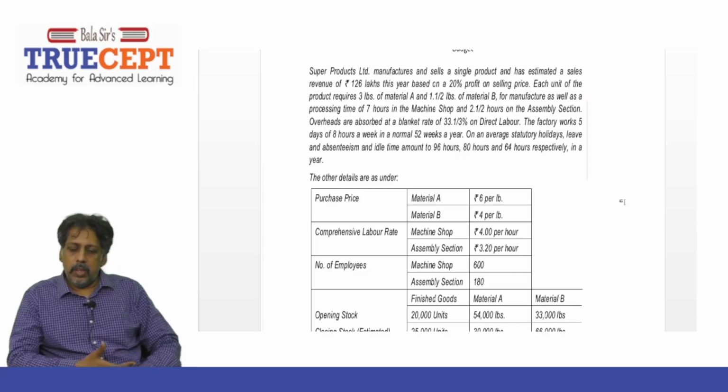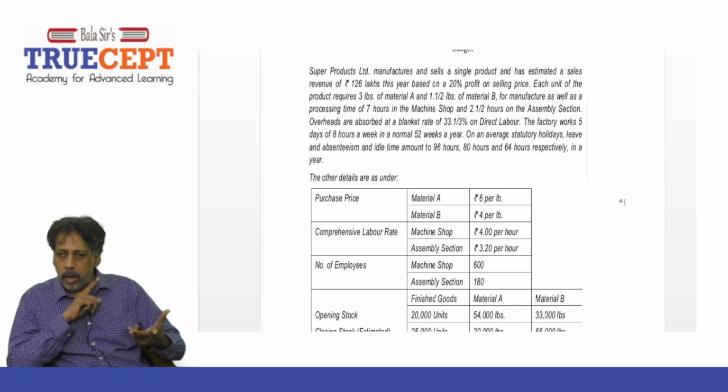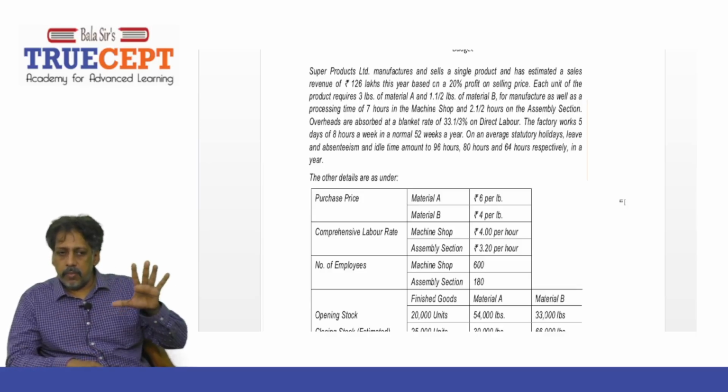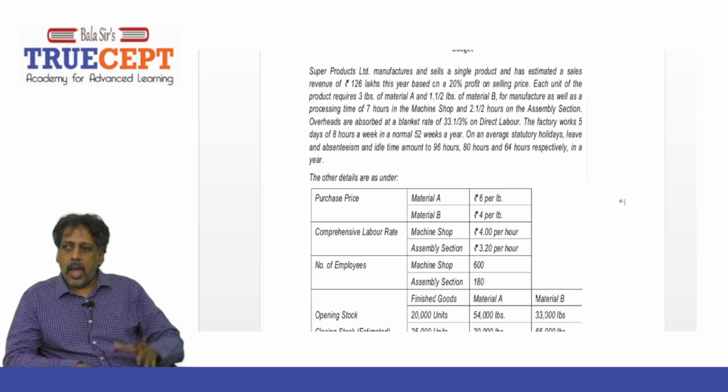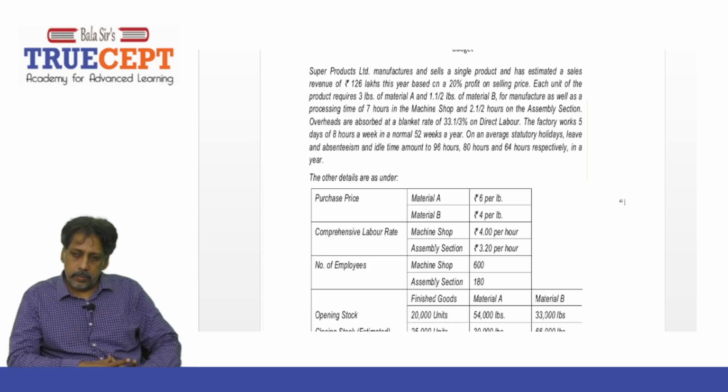That means an employee works for 40 hours in a week, 5 days a week into 8 hours every day, 40 hours. And they are supposed to work for 52 weeks. Next. On an average, statutory holidays, leave and absenteeism and idle time amount to 96 hours, 80 hours and 64 hours respectively in a year.